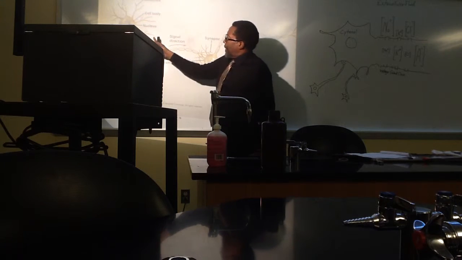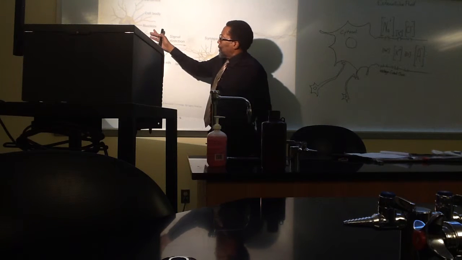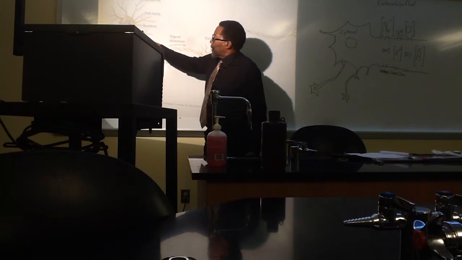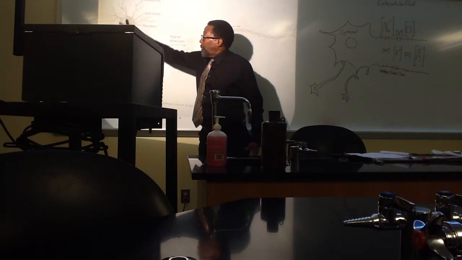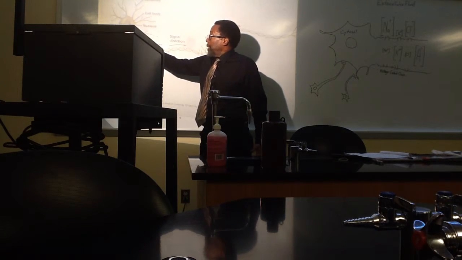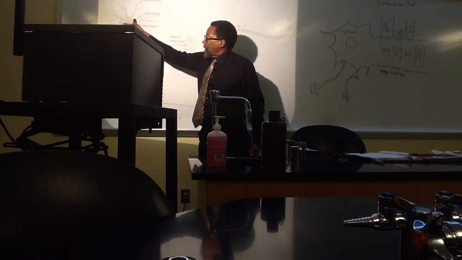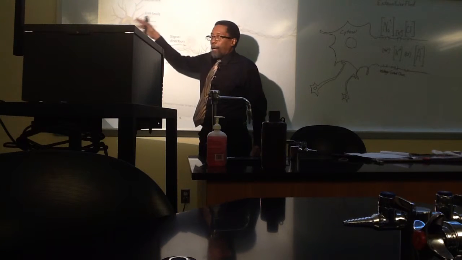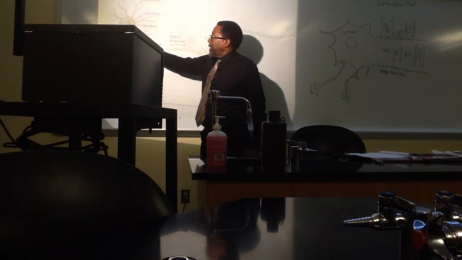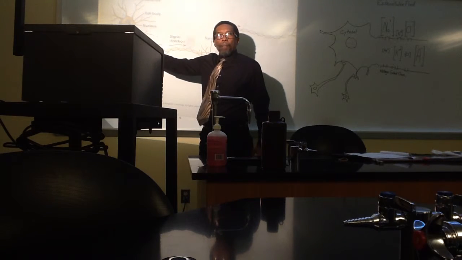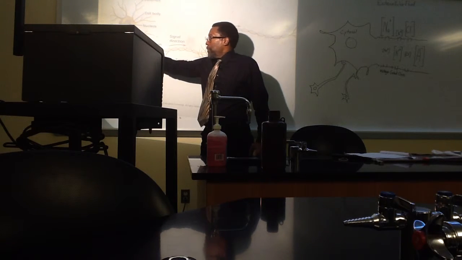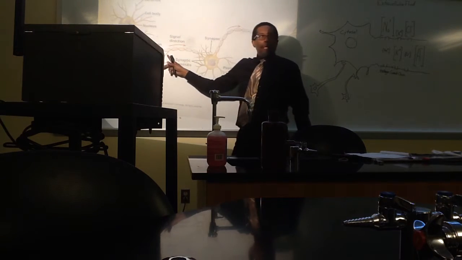And then their information, their signal, will be directed always toward the nerve cell body. And then from there, the signal, if it's going to continue, all of the incoming signals will try to initiate a signal at the very beginning of the axon.